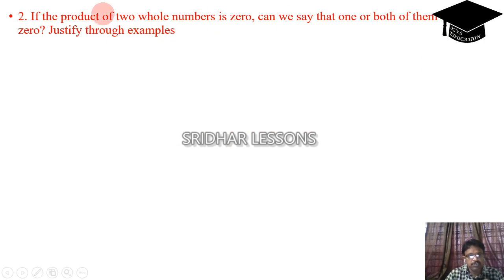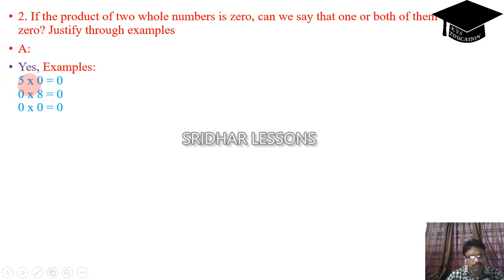Next one, if the product of two whole numbers is 0, can we say that one or both of them will be 0? Either one number or both numbers will be 0. Justify through example. Yes, one number is sufficient to be 0.